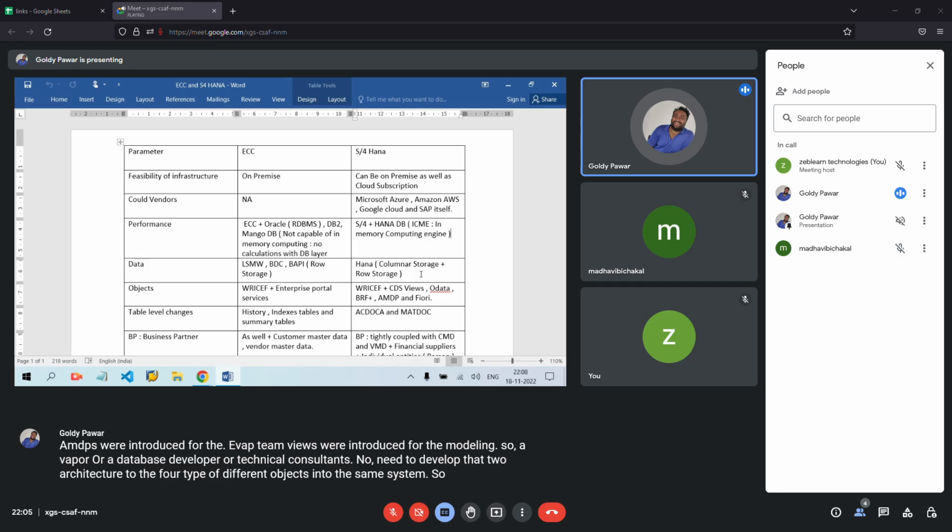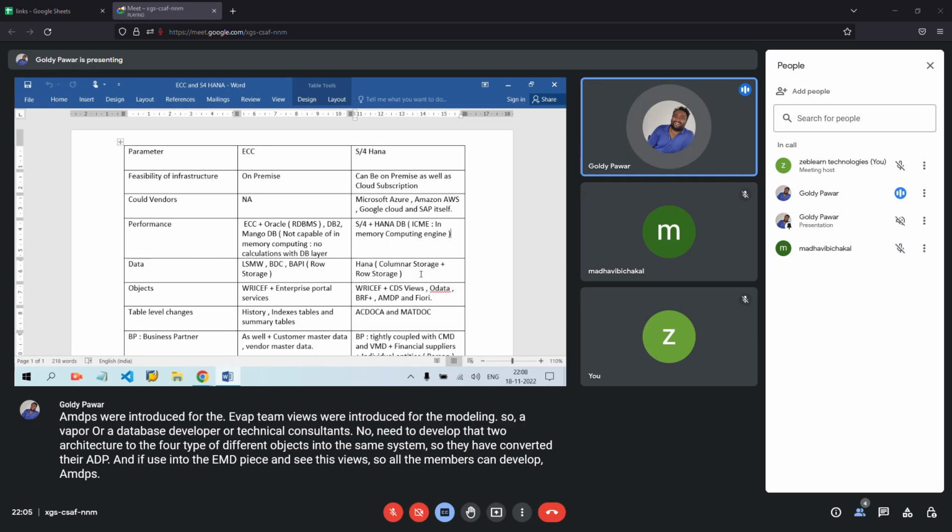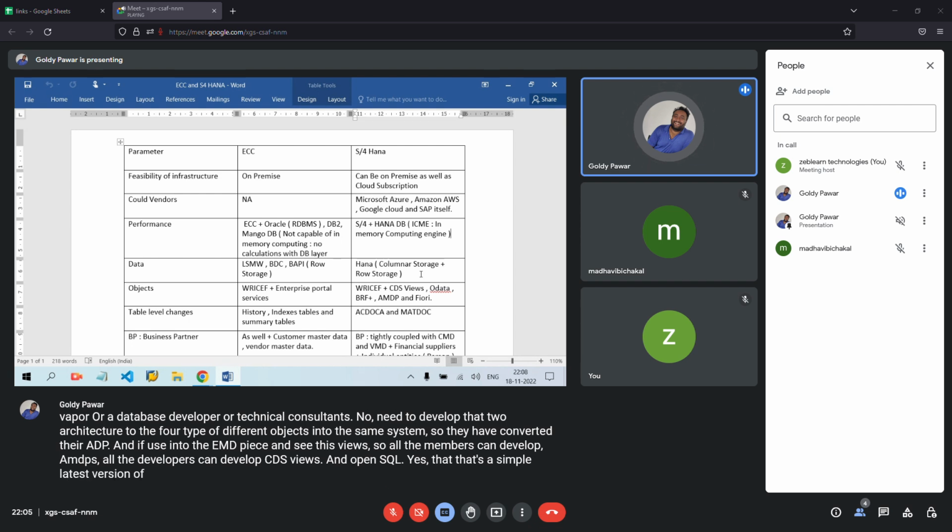So they have converted their EDPs and E views into AMDPs and CDS views. All the developers can develop AMDPs and CDS views, and OpenSQL is the latest version of syntax. So they came up with the solution.